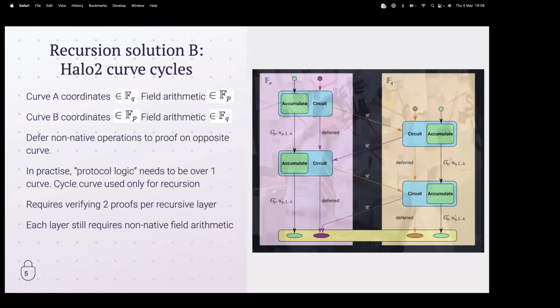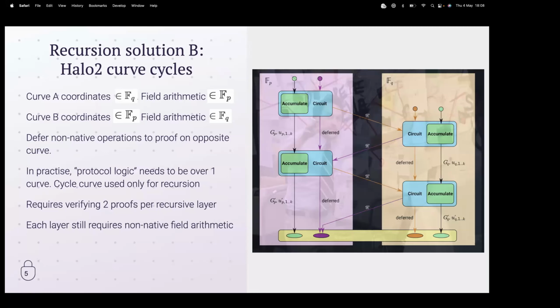The next solution, the current one that everyone's using over elliptic curves, and a very elegant one, is using Halo 2 curve cycles. You have two curves A and B that form a cycle because the fields are swapped: the coordinate field of one curve is the same as the native field modulus of the other curve, and vice versa.